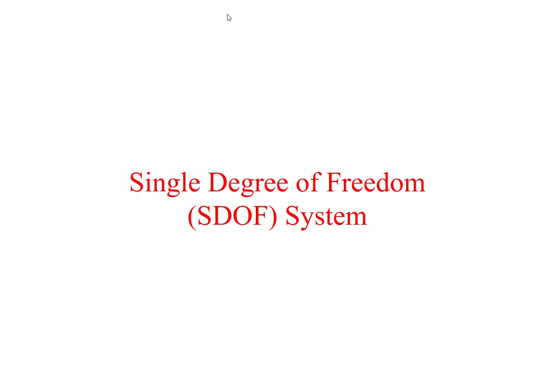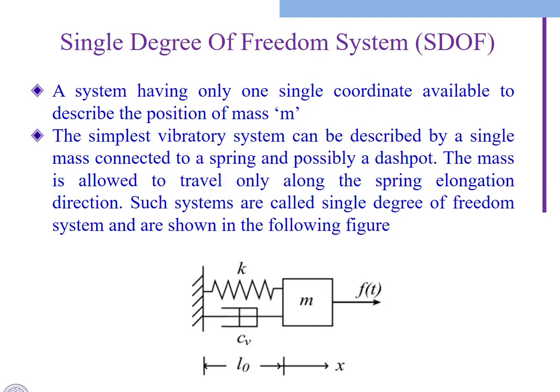In this lecture, we are going to discuss single degree of freedom systems. What is a single degree of freedom system? A system having only one single coordinate available to describe the position of the mass, the motion of the body.